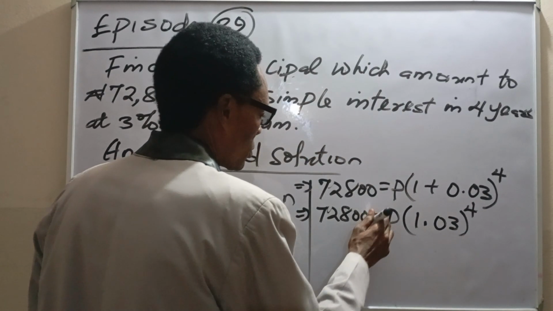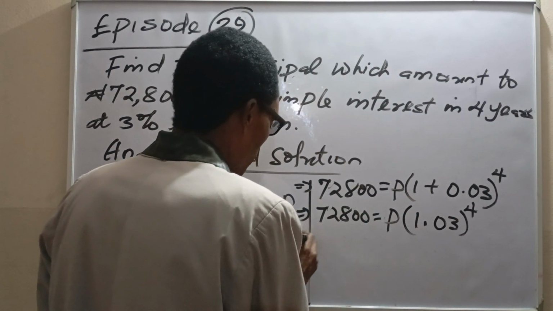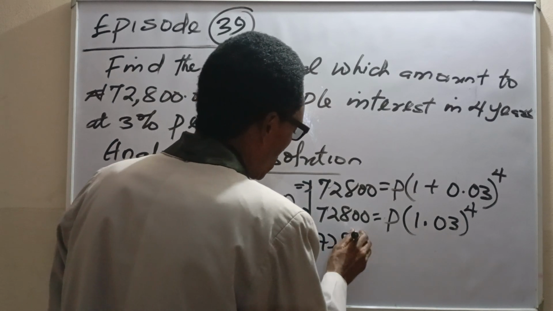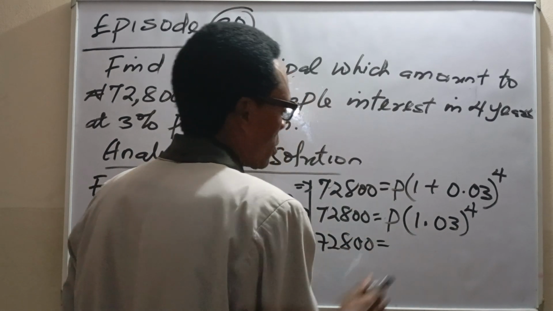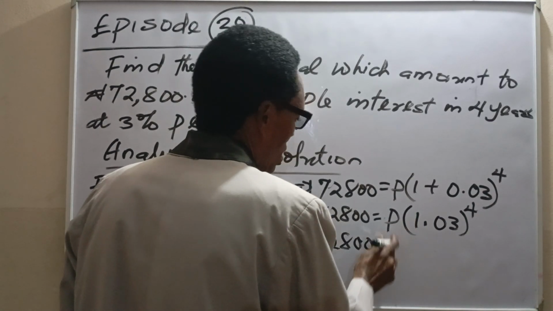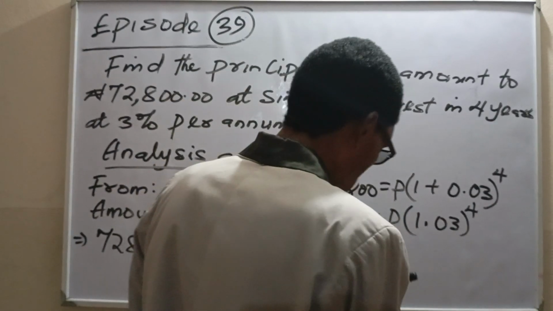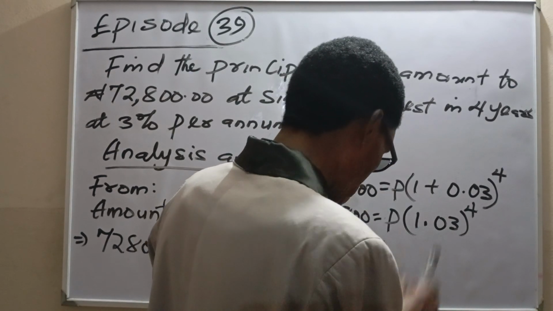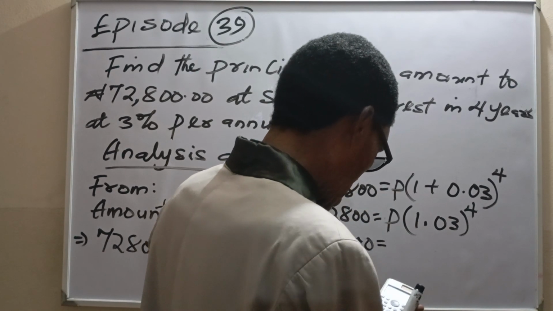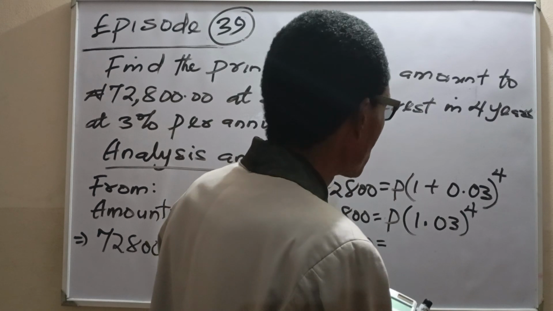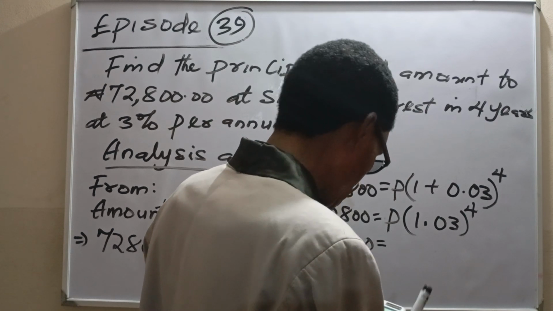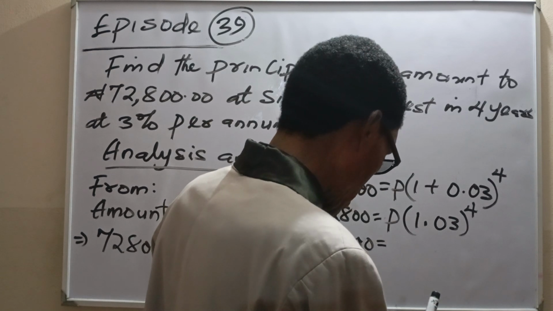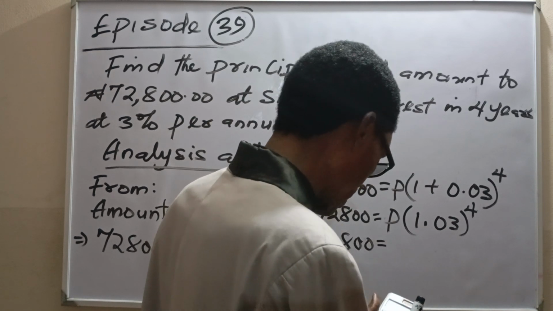Which implies 72,800 equals P times 1.03 raised to the power of 4.